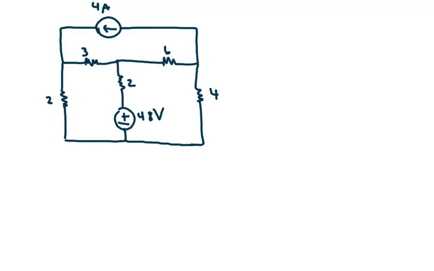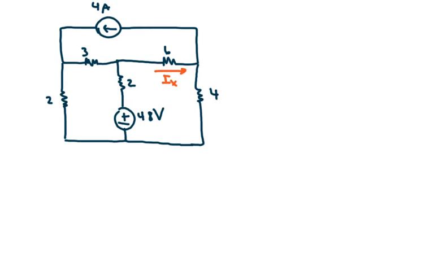So for this problem, we're asked to use superposition to determine Ix, which is the current here. The first thing that we're going to do is figure out the contribution to the Ix through the 4 amp source.